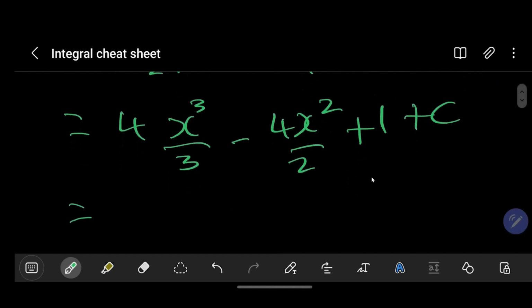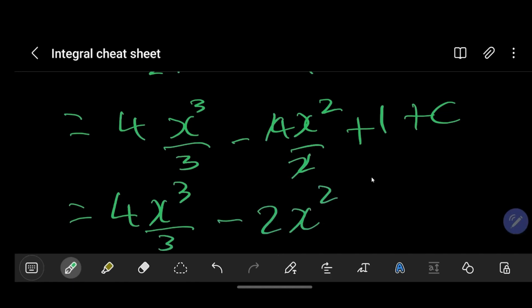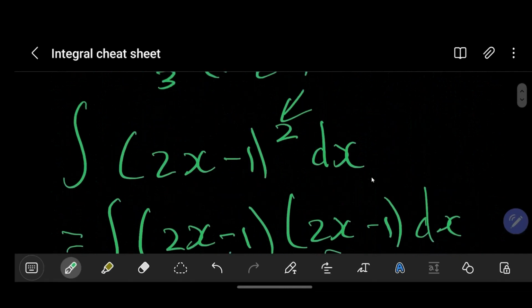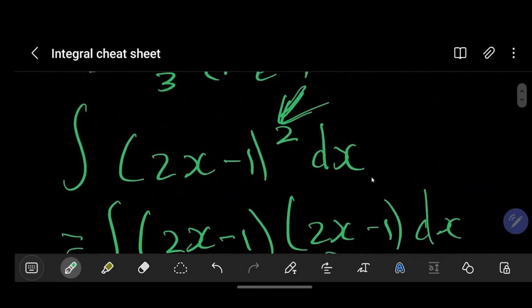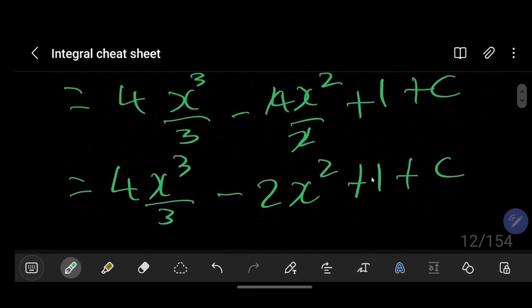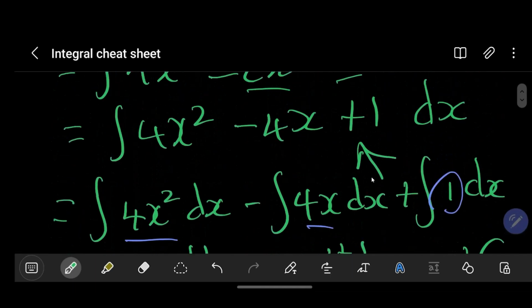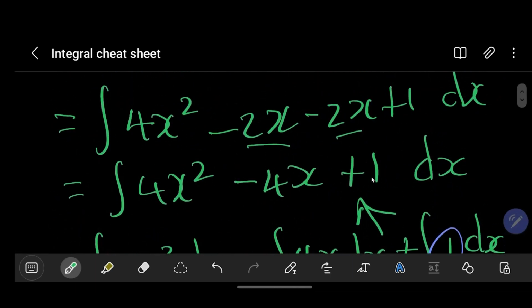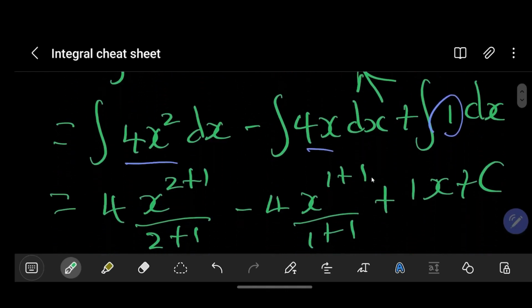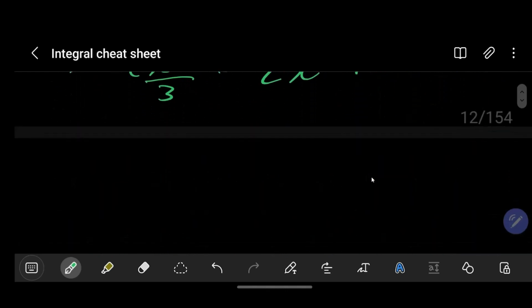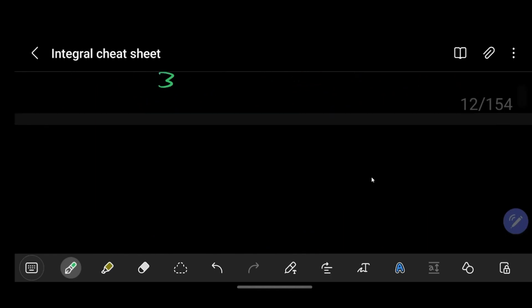But we can take this further: 2 can go into 4 two times, so it's 2x squared plus x plus c. Okay, so this was quite a good example. We were able to go from an exponent all the way down, using both the difference and summation rule, and then the constant and the power rule. So quite a good example where we combine all the different rules to solve that integral.